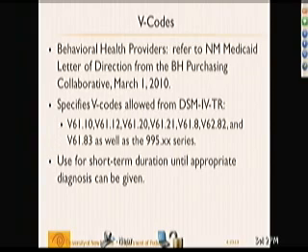For behavioral health providers, V codes are a little bit different. There was a behavioral health purchasing collaborative in 2010 that really specified the V codes, and the V61 series are primarily, let's see, they're all counseling codes, all different types of counseling, and the 995 series are child and adult abuse and neglect codes.